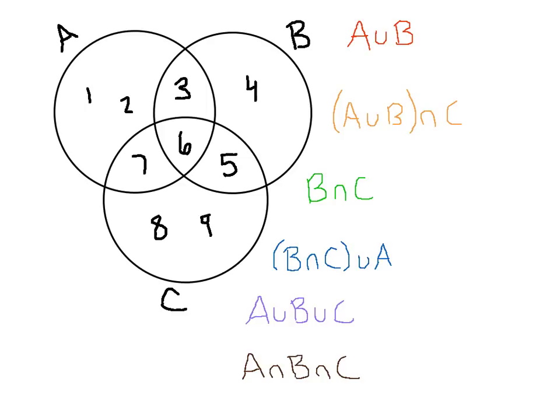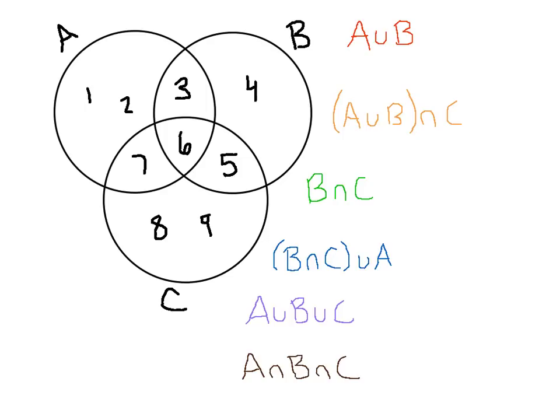So the first question is A, and it looks like a little U, B. And that U represents union. Union is when you take everything in all the sets together. You're creating a union between the sets. You are taking everything together all at once, and that's your information, that's your data.